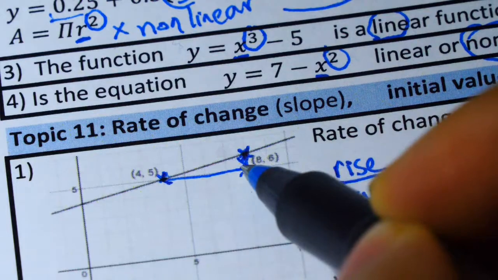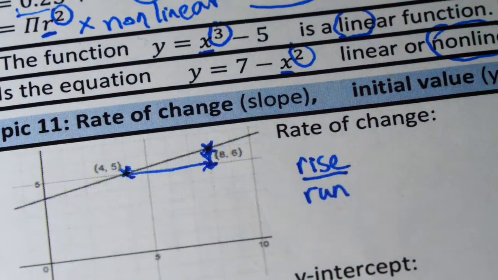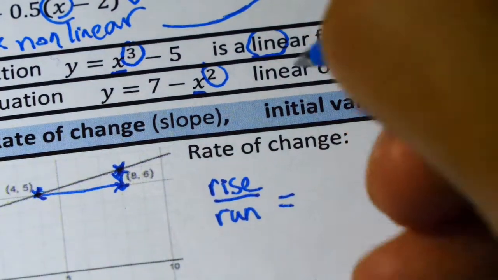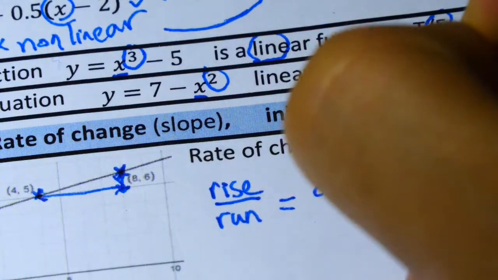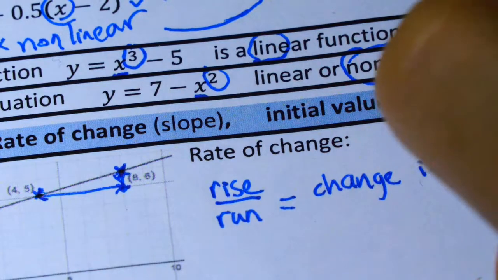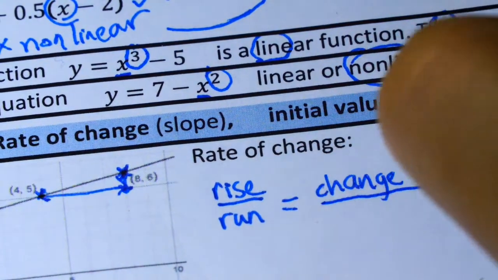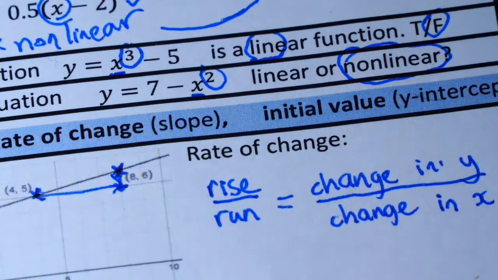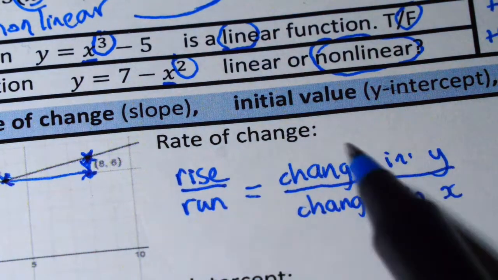Now if I taught you in term 2, this is the same as the change in y over change in x. This is exactly the same as rise over run.